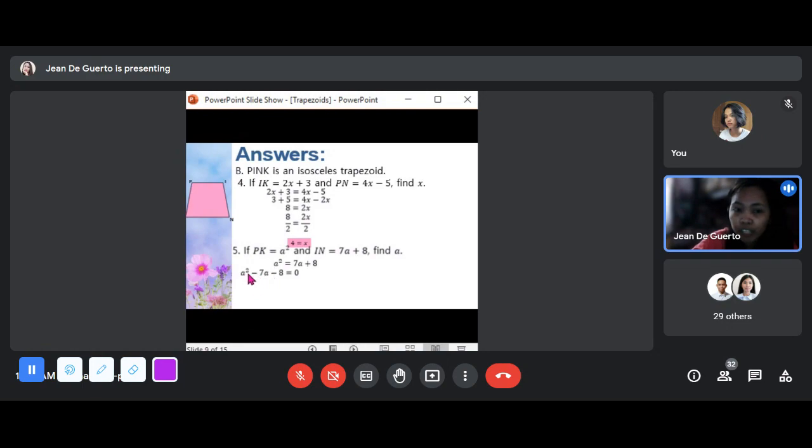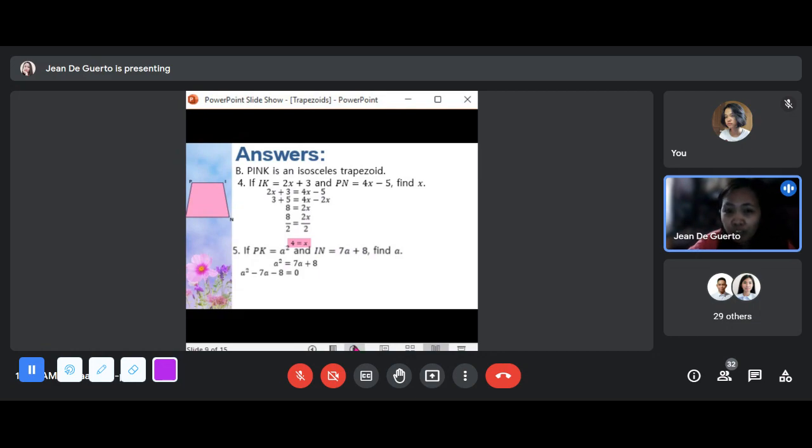So, ano yung mga factors ng A squared minus 7A minus 8? Na-factor nyo na?